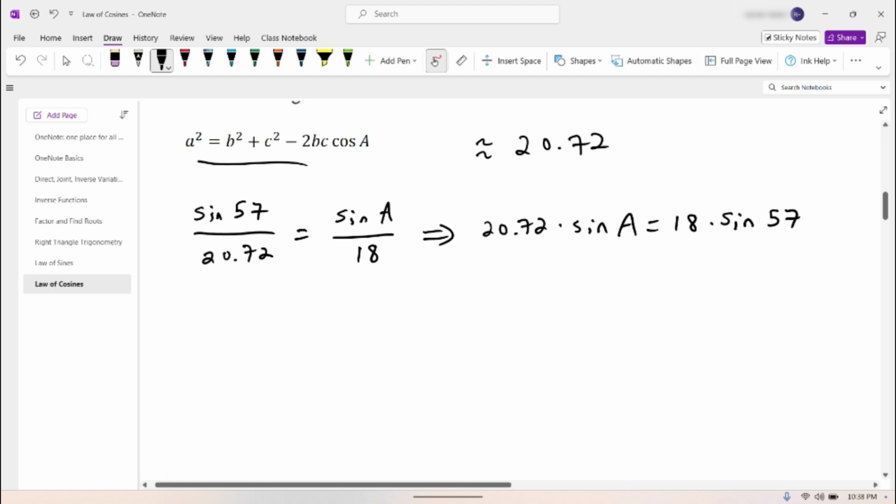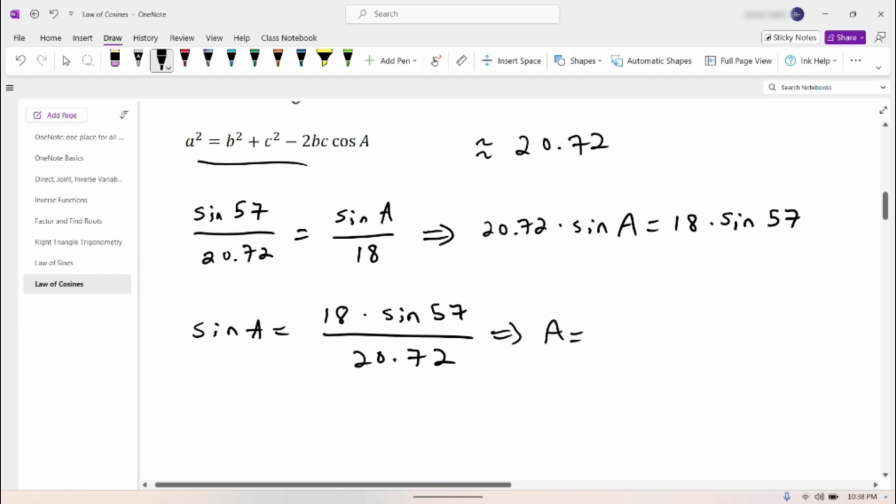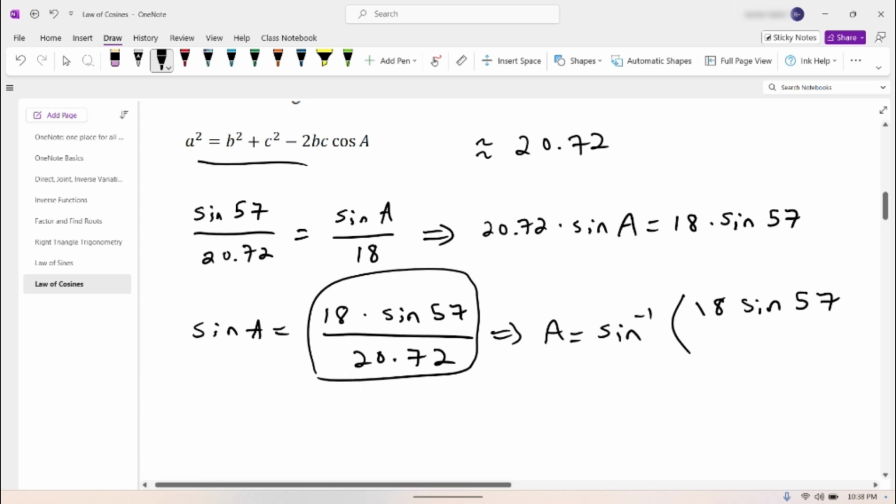So isolating sine of A, we have sine of A equals 18 times sine 57 over 20.72. So that means A equals inverse sine of this whole chunk, 18 sine 57 all over 20.72.